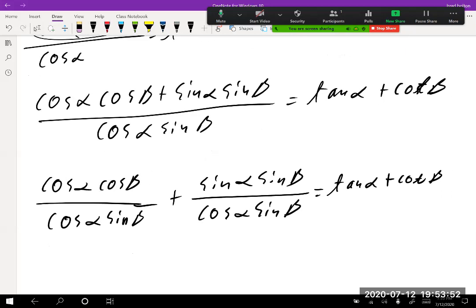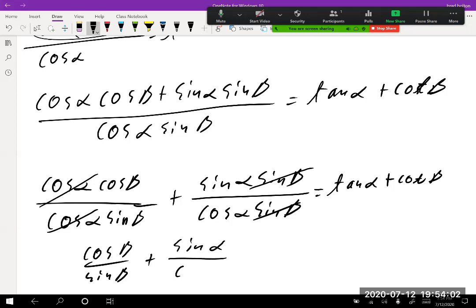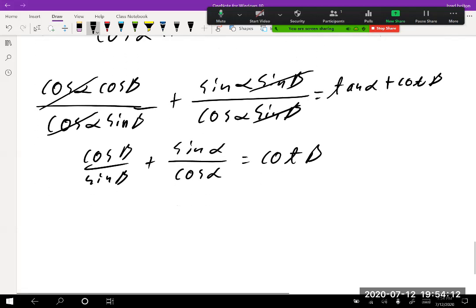So now the cosine alphas cancel and we're left with cosine beta over sine beta. This time the sine betas cancel and we're left with sine alpha over cosine alpha. So cosine beta over sine beta is cotan beta. Let me write it how they have it. This is tan alpha plus cotan beta.